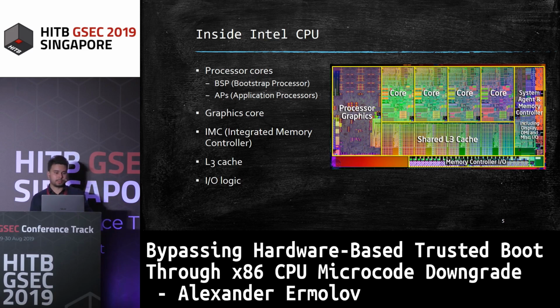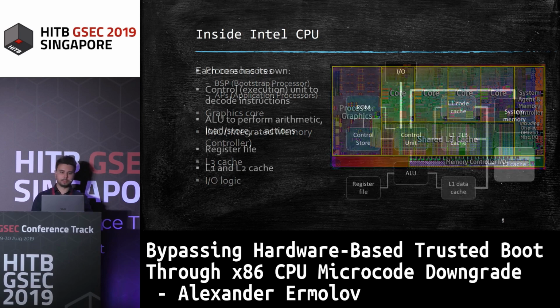The application processors are the other cores, which are woken up by the bootstrap processor when some conditions are already satisfied. Also, a CPU can have a graphics core, memory controller, shared level 3 cache, and some input-output logic.